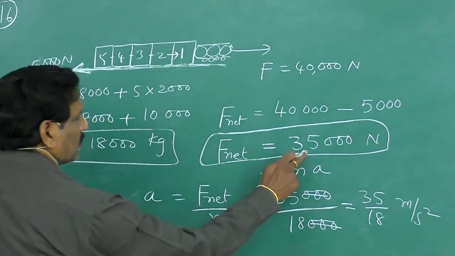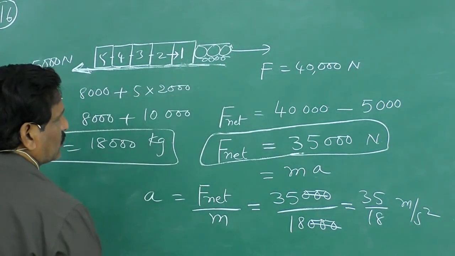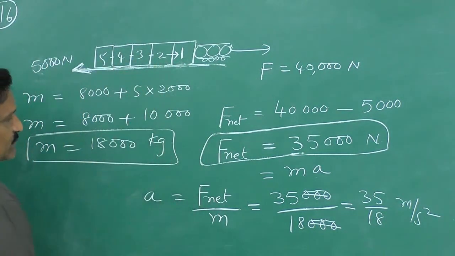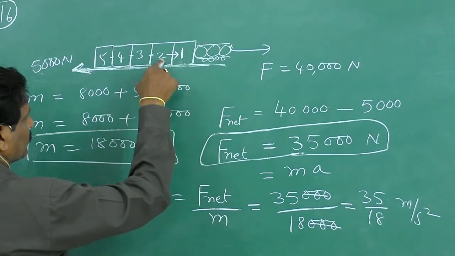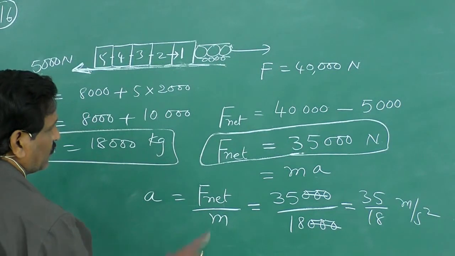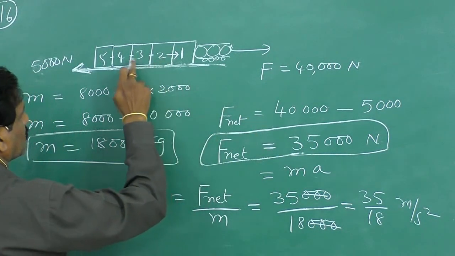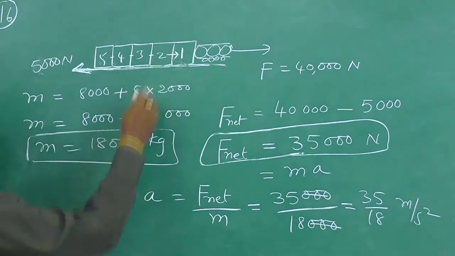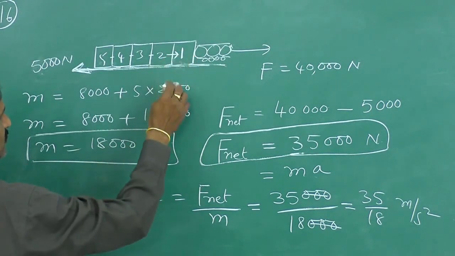So this 35,000 is distributed among these 5 wagons.